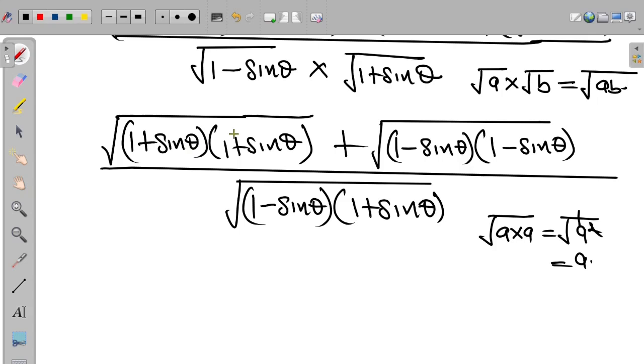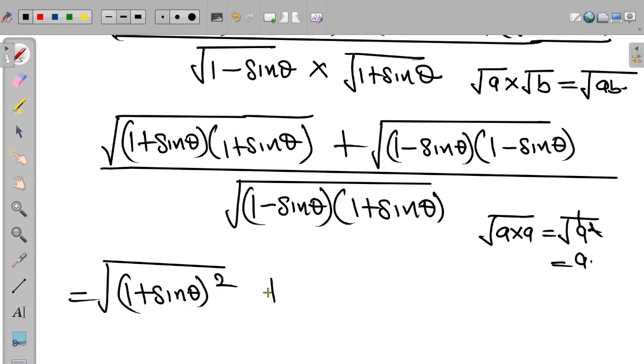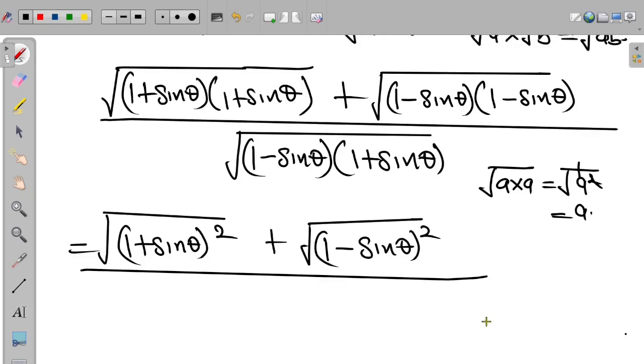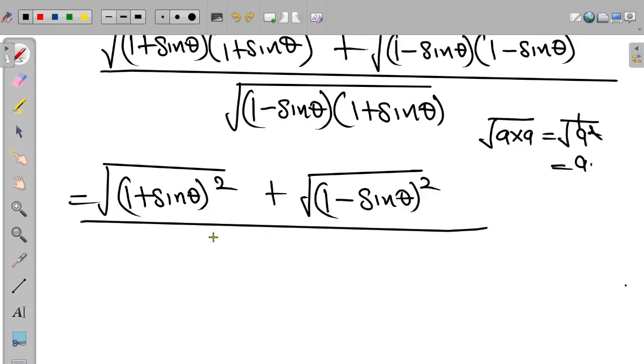So therefore, at the numerator, this becomes root of 1 plus sine theta all squared plus root of 1 minus sine theta all squared, divided by, now the denominator is a difference of two squares, so it gives us root of 1 minus sine squared theta. We obtain this by expanding the bracket.